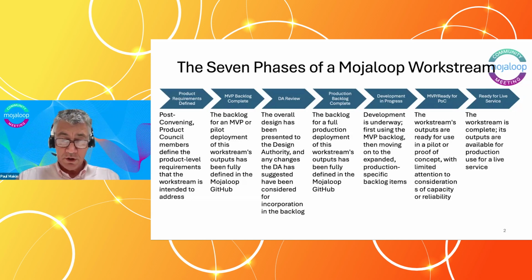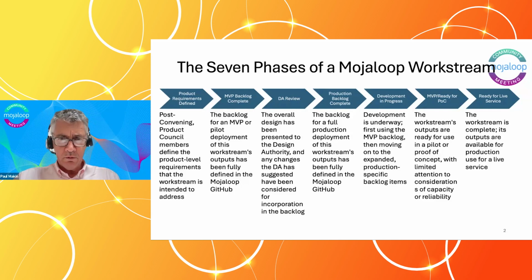Once there is an overall design, that then must be presented to the design authority for review, and the DA may well suggest changes, and once they've been suggested, the sponsors of that workstream have to consider those suggestions and perhaps modify or add to the backlog.